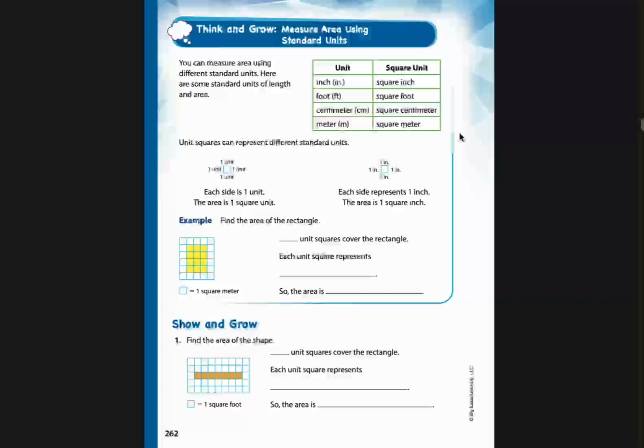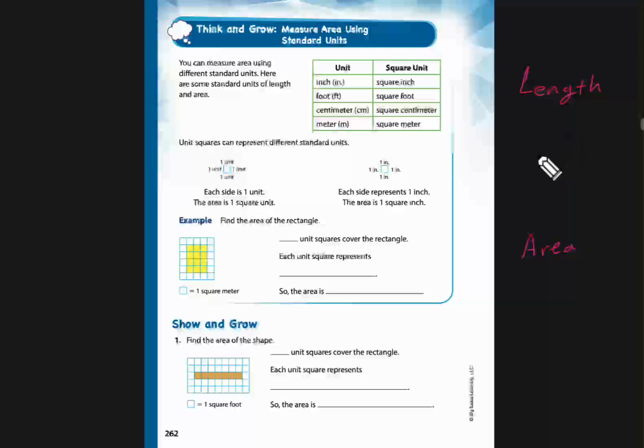But before we start, I need to ask you a question. What is the difference between length and area? Let's start with length. Can you give me an example for any length? The length of my pencil.